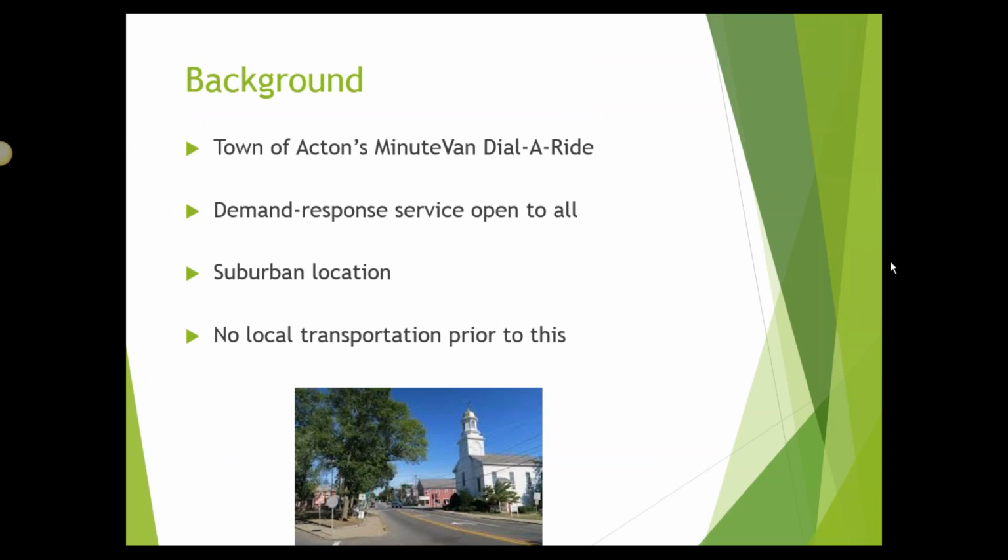So the town of Acton's Minute Van Dial-A-Ride service is a demand response service, but it's open to everyone in town. They didn't want to limit it, as some of the demand response services are, to a particular group. They really wanted to open it up. Acton, you can see the picture there, is a pretty quiet little town, and they did not have any local public transportation prior to this program.